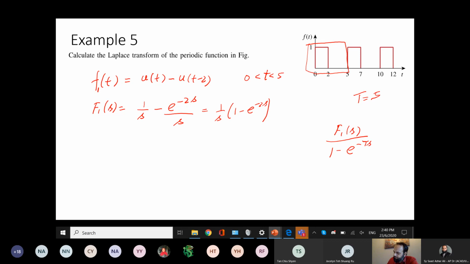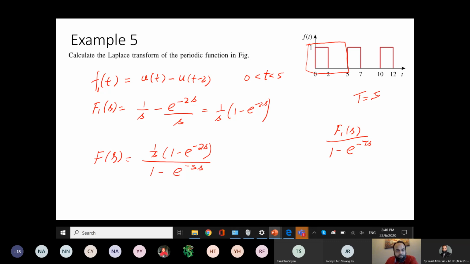So F(s) is equal to 1 upon s times (1 minus e to the minus 2s) divided by 1 minus e to the minus 5s.